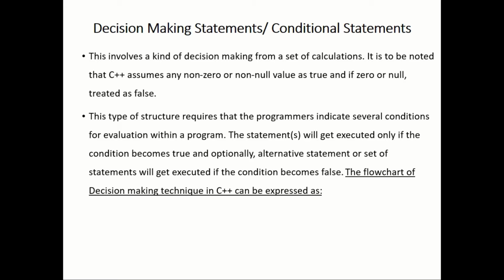The flow chart of decision making conditional statements in C++ is expressed like this. As you see from the diagram, there is a start of execution, line 1, and it goes sequentially line by line.